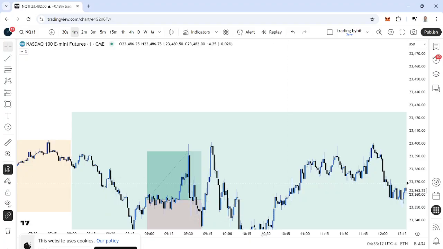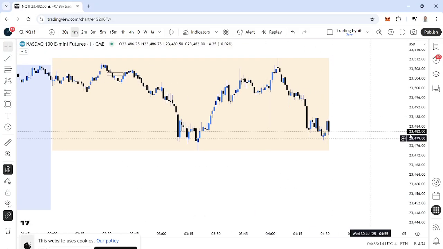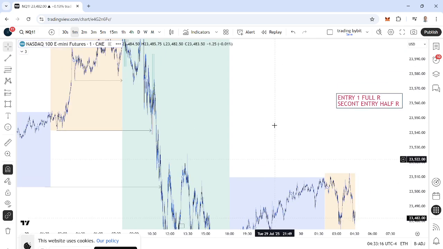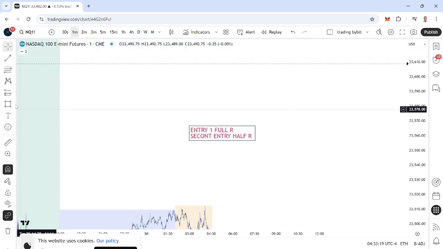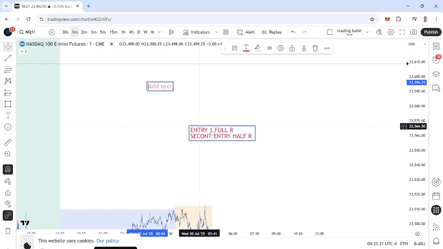So I'll go over again everything that you will need. The needs for this: TradingView is the first. Second, you need to be on NQ, so Nasdaq 100 E-mini.